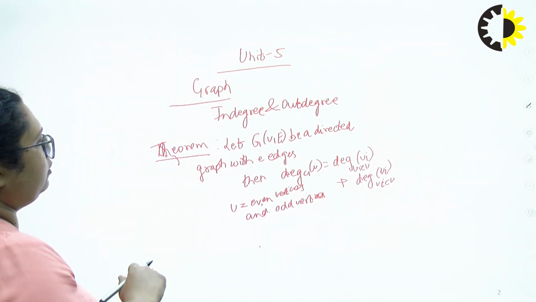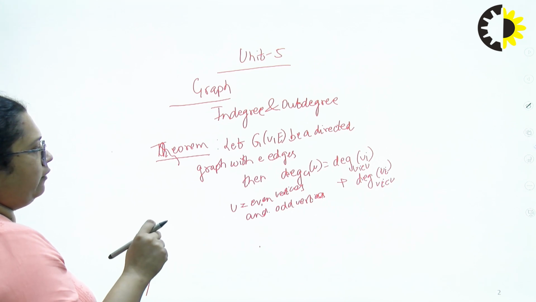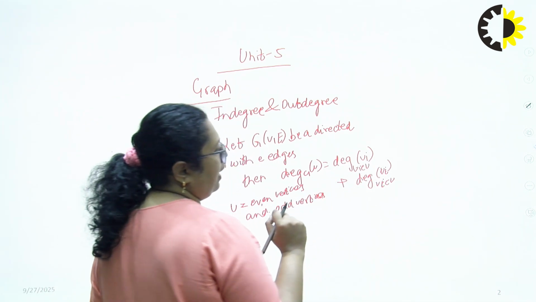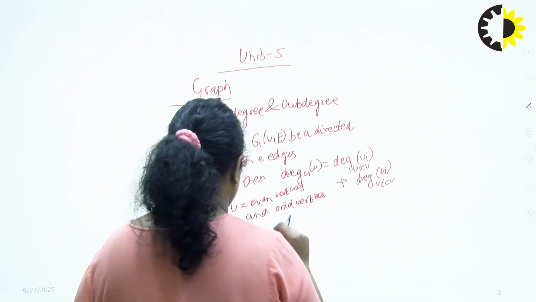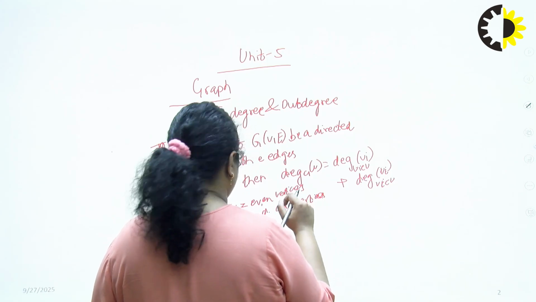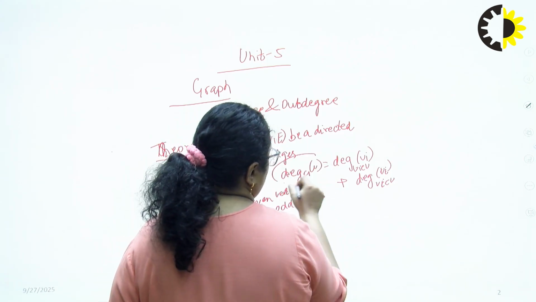We have a theorem that the degree of a graph is the sum of the degrees of odd and even vertices. So the degree of the graph is the sum of the degrees of odd and even vertices, and the sum will be even.